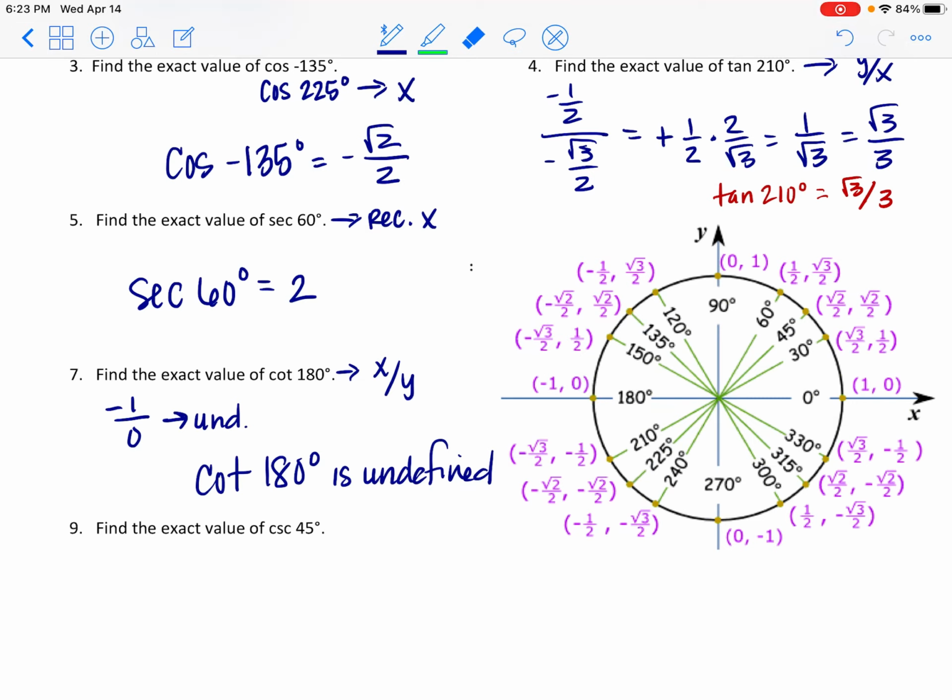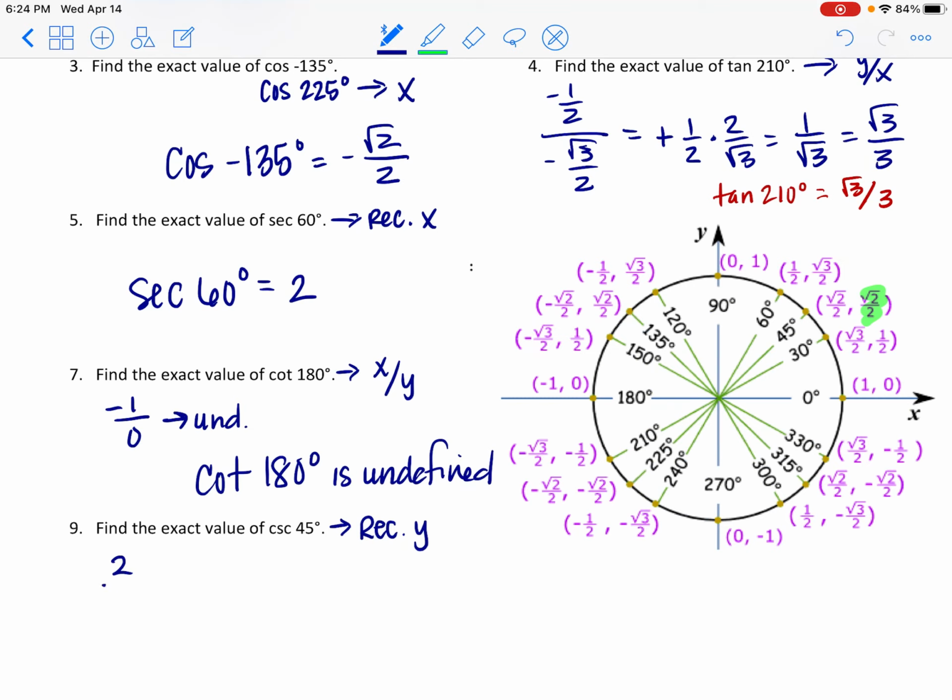Let's try the next one. Next one says find the exact value for the cosecant of 45. So 45 degrees is here. Cosecant is the reciprocal of sine, and sine is y. So we go to the y value at 45 degrees, which is radical 2 over 2, and we take the reciprocal.